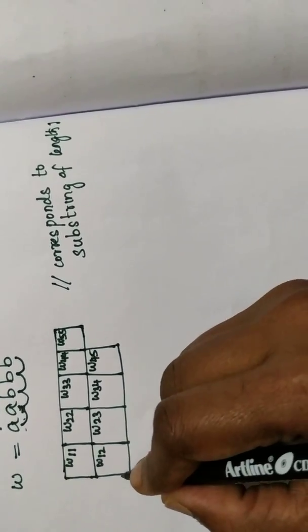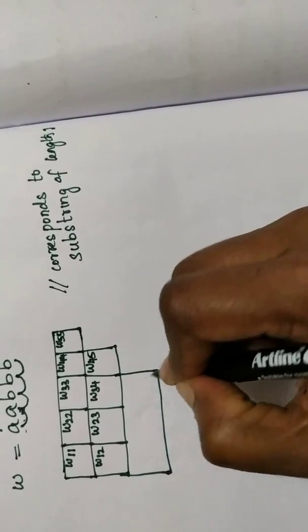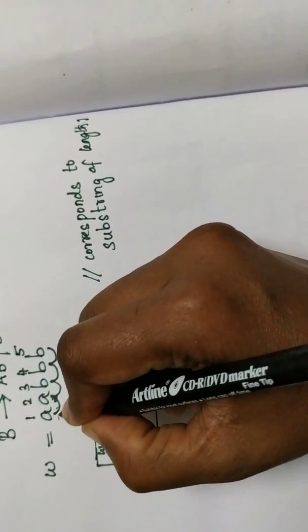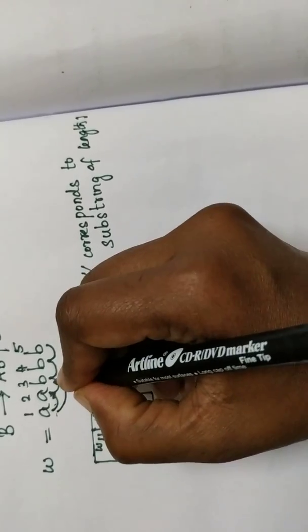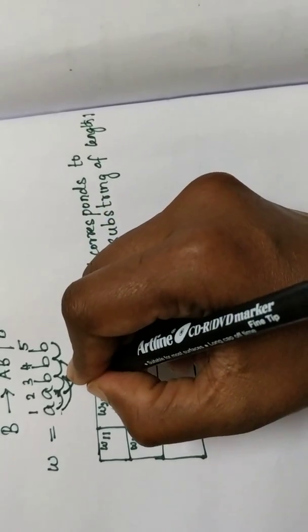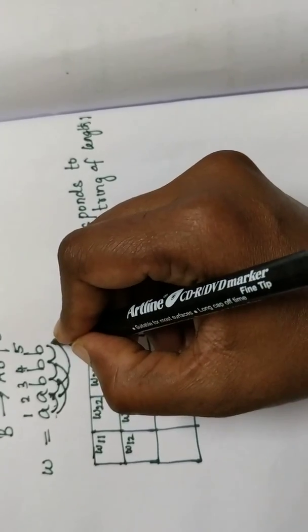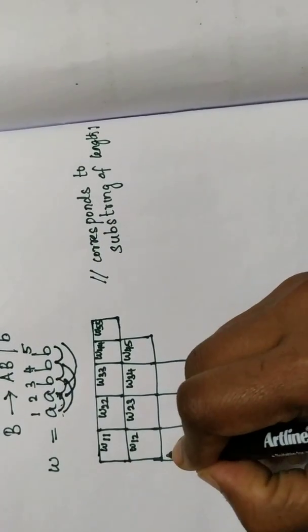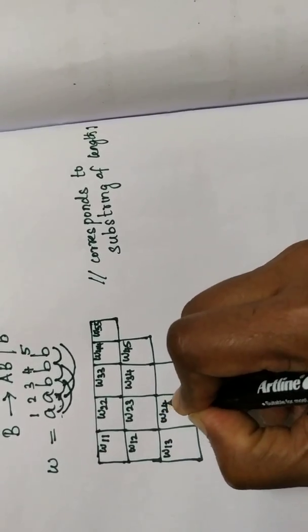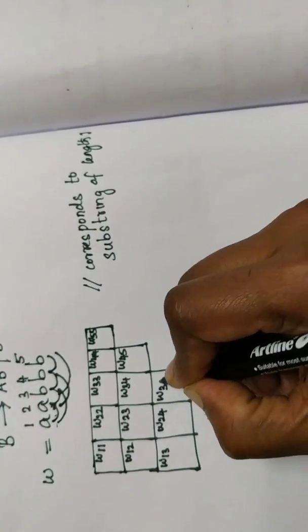Now the third row corresponds to substrings of length 3. So 1 to 3, then 2 to 4, then 3 to 5. There are three substrings of length 3: W13, W24 and W35.